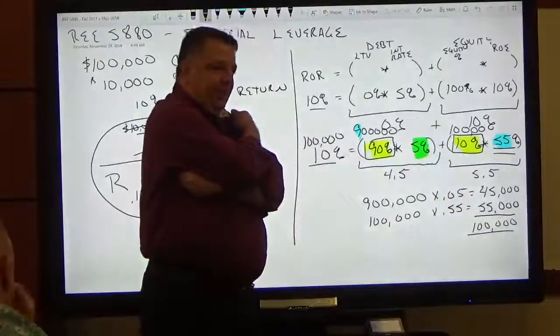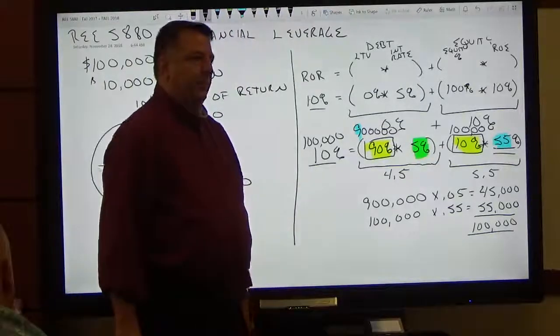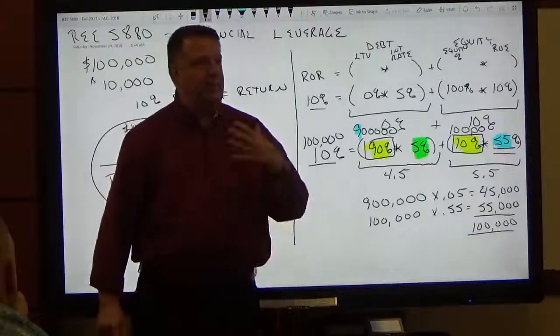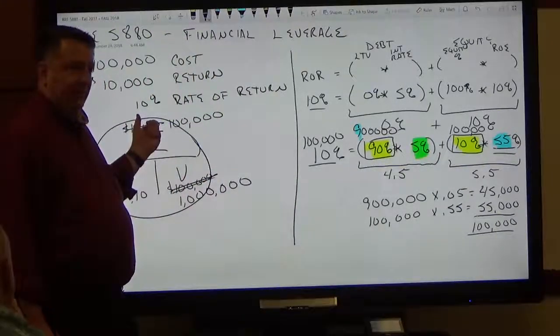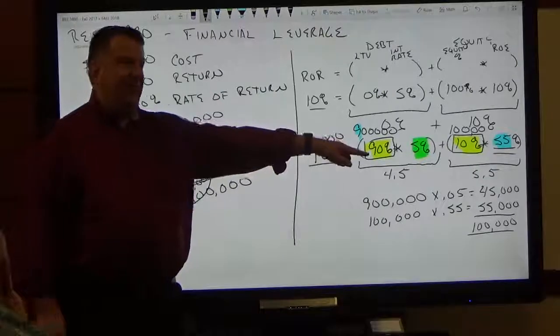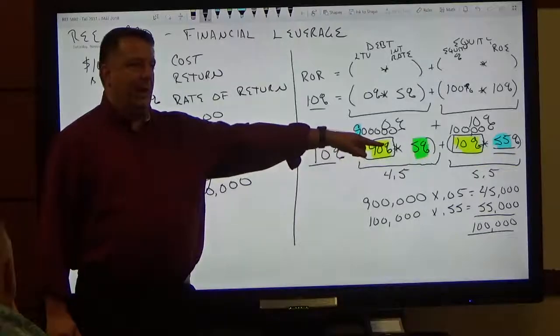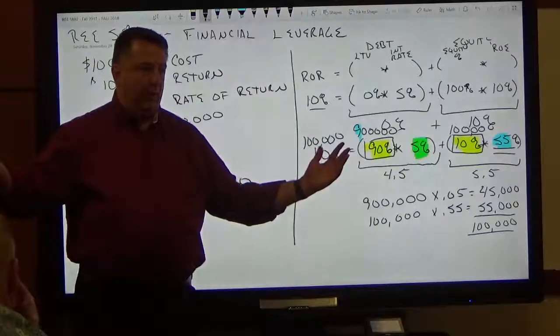You get to keep 55,000 for yourself. Does that make sense? So instead of only getting to keep 10,000 in the first example, you're now getting to keep 55,000. That's a heck of a difference. It's less per house, but it's more overall.